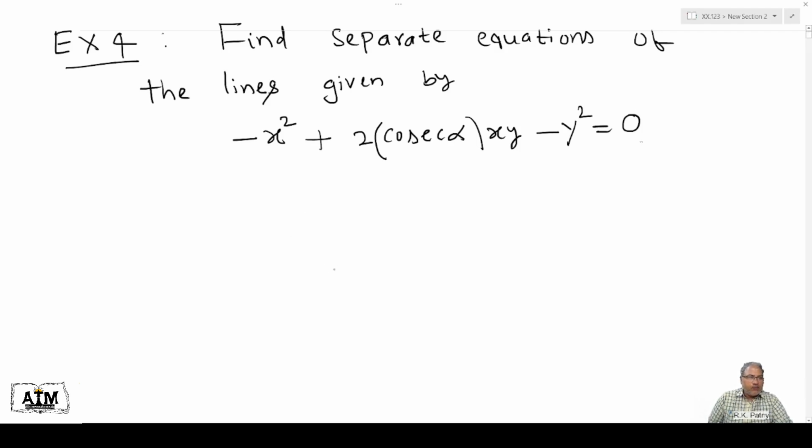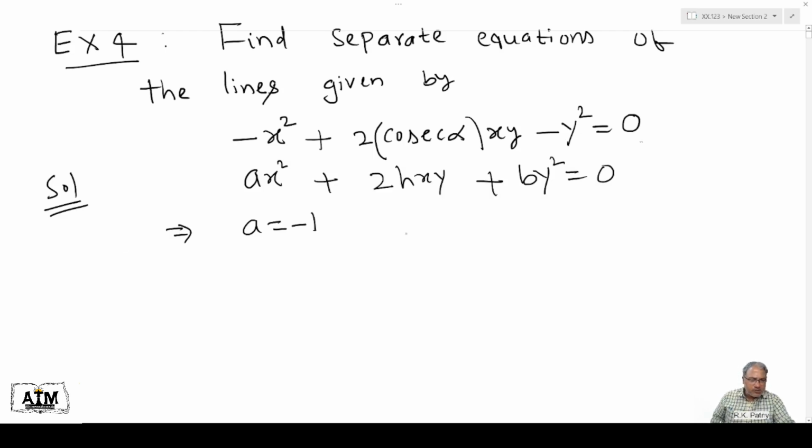Example 4. Find separate equations of lines given by minus x square plus 2 cosec alpha xy minus y square equals to 0. Comparing with the standard equation, we get a equals to minus 1, h equals to cosec alpha and b value equals to minus 1.